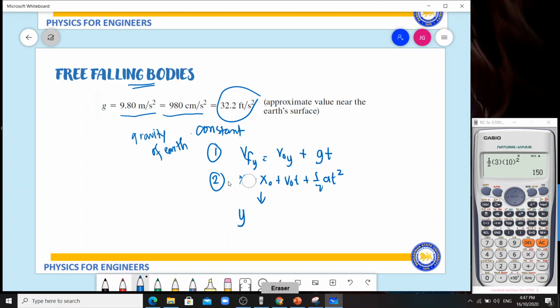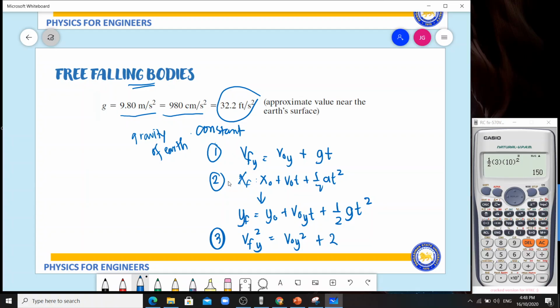Sorry, this is x final. So y final equals y naught plus v naught y t plus 1/2 g t squared. And then the third formula is v final y squared equals v naught y squared plus 2g times y final minus y naught. Okay?